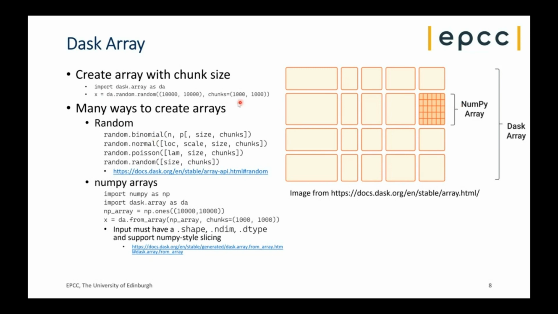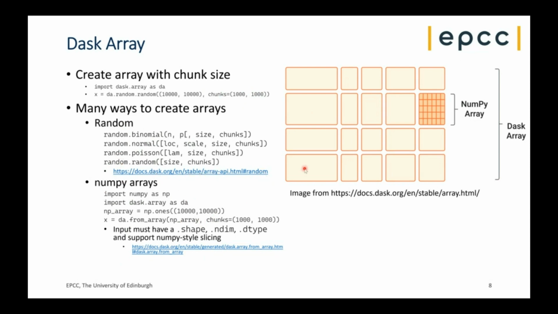And then what Dask does under the hood is for each chunk, it actually uses a NumPy array, and then it does the functionality to coordinate between them and run all the functionality on all the different ones and dispatch the data backwards and forwards. So there's a whole bunch of functionality to do random arrays and what you'd expect from NumPy arrays.